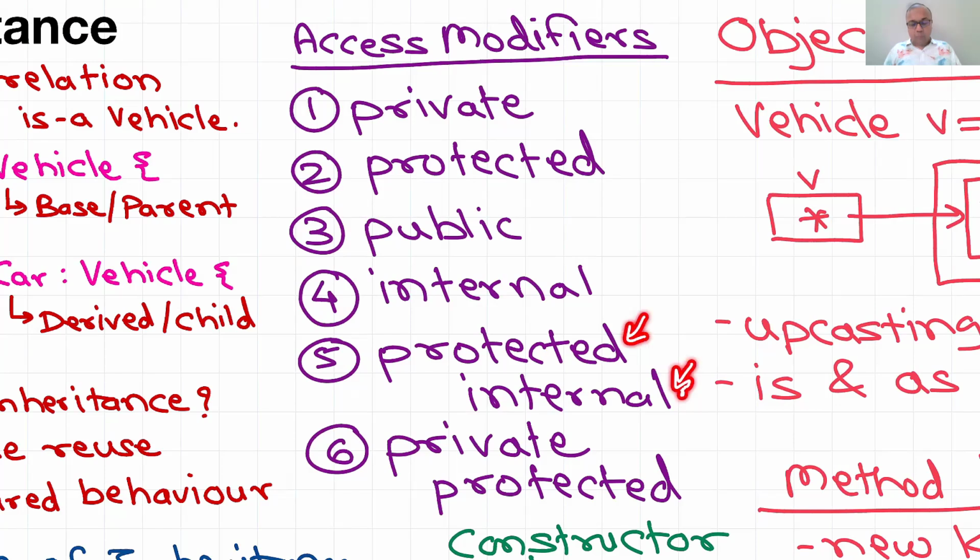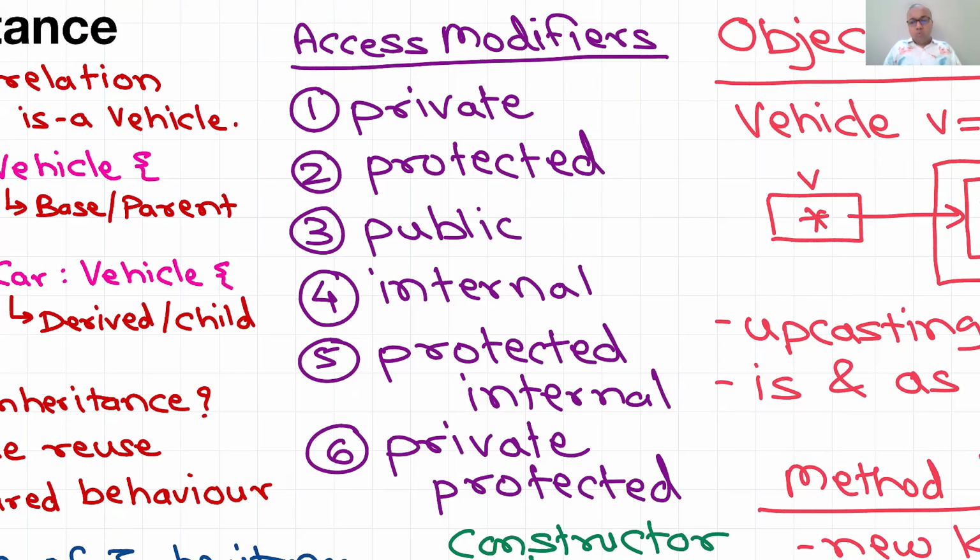It is due to protected. So if you want to understand protected internal, you can see it as the effect of either protected or internal. I repeat once again, due to the internal, it is accessible in all the classes in the current assembly. And due to protected, it is accessible outside the assembly, but in all inherited classes.